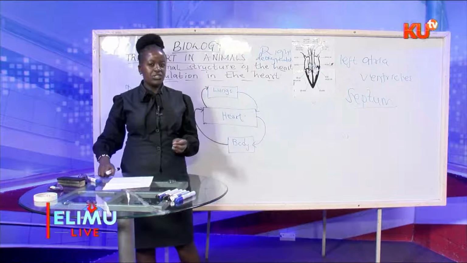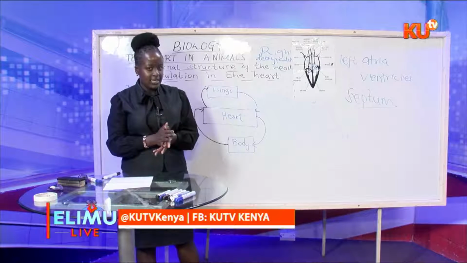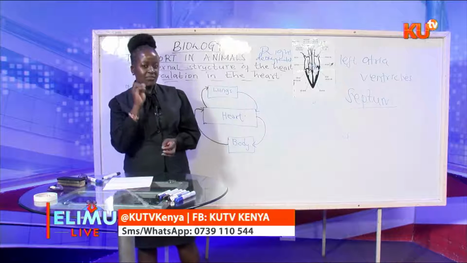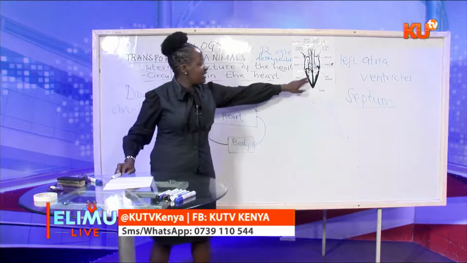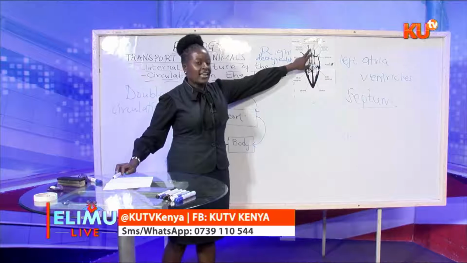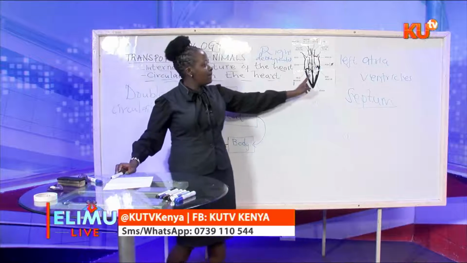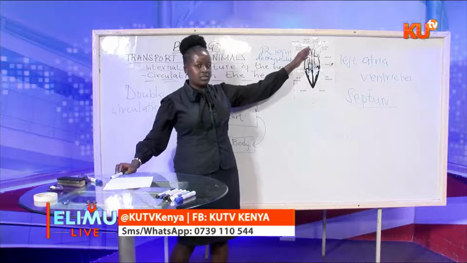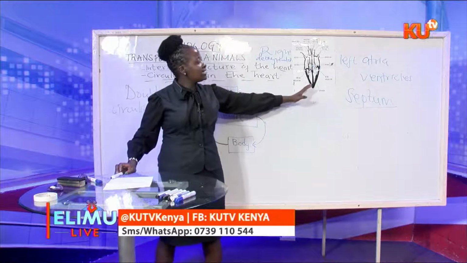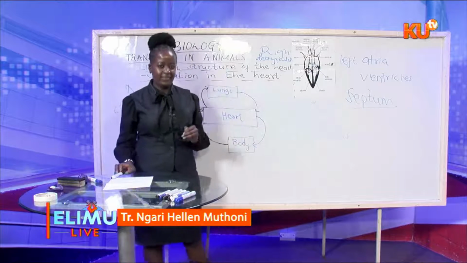Now, from this chamber, the blood will flow. After the ventricle has been filled, it will contract. Contracting means that this blood will be pushed to another vessel. The vessel that it will be pushed into is the pulmonary artery.